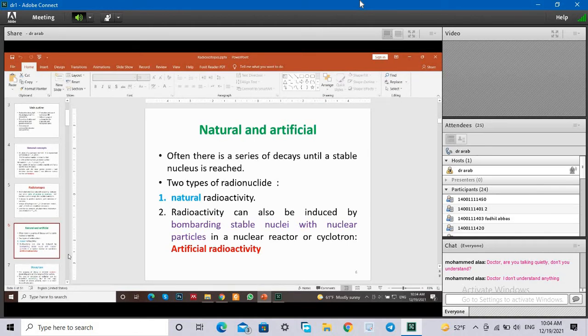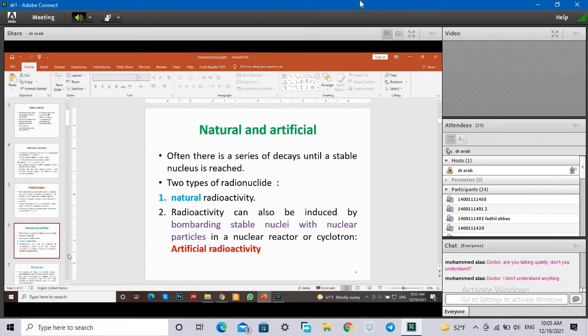As I said, one of them is the natural radionuclide that naturally exists in the environment, and the other group is the artificial radionuclide that is created when a stable nucleus is bombarded with nuclear particles and gamma rays and goes to the unstable state. This process commonly occurs in a nuclear reactor or cyclotron.